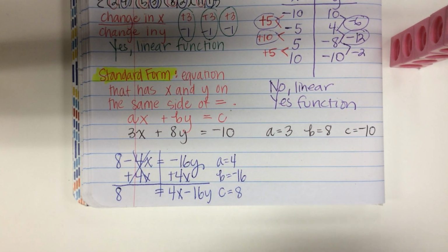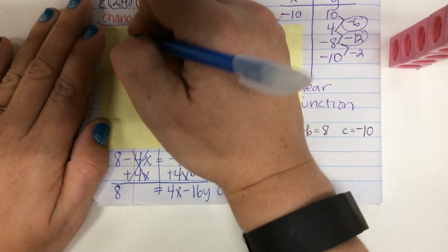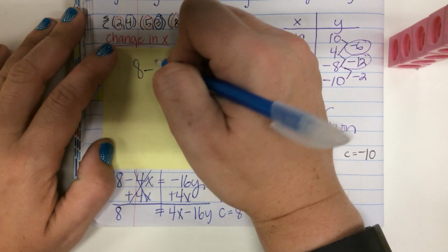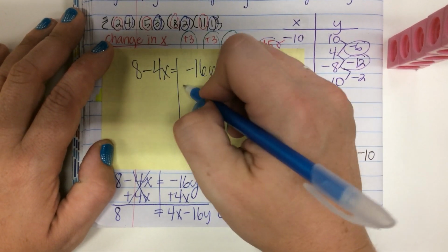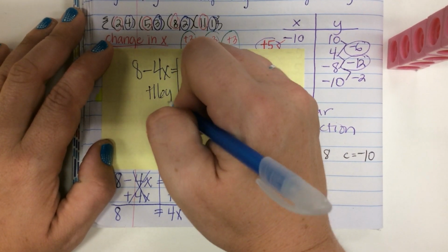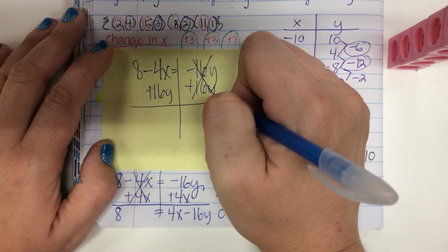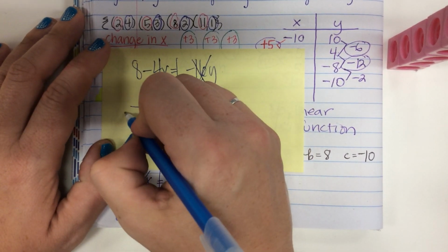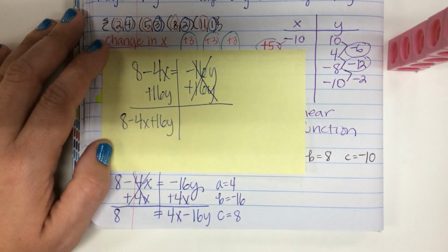Perfect. I'm going to put this right here and show you the other way. Someone could have done it this way. You could have done 8 minus 4x equals negative 16y. You could have added 16y to both sides. So over here you have 8 minus 4x plus 16y.